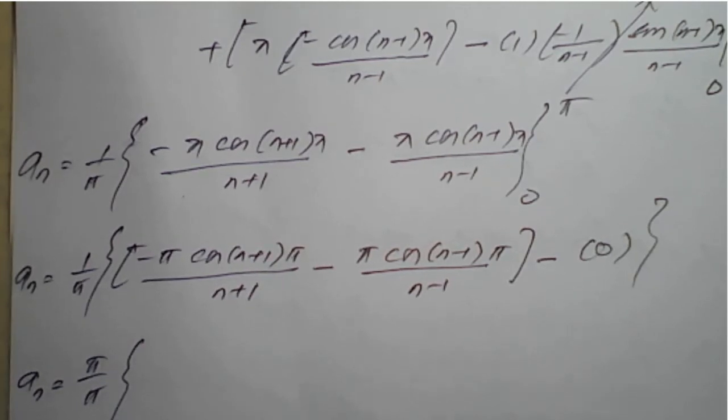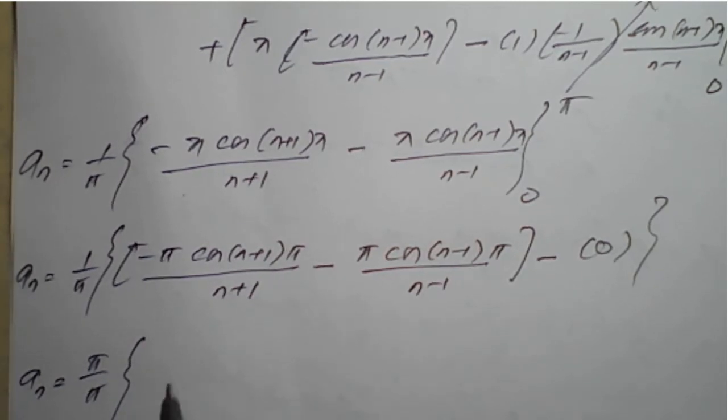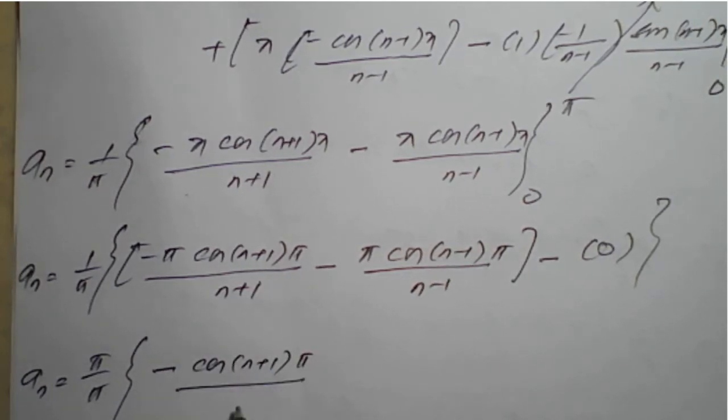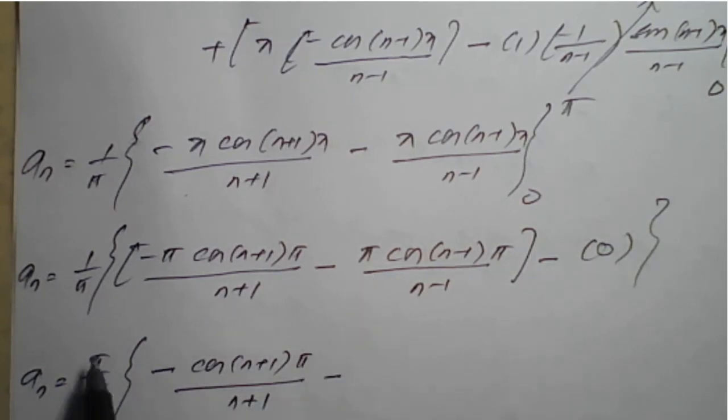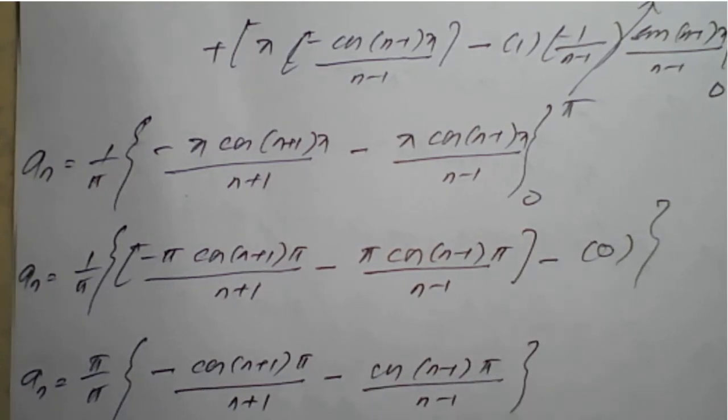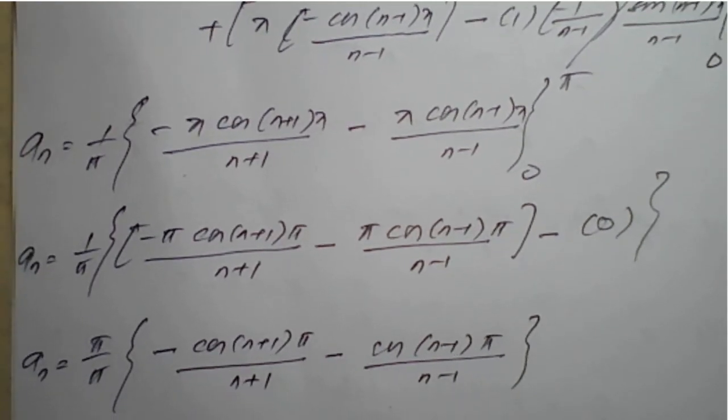Now it will be minus cos of (n plus 1) pi divided by n plus 1, minus pi we have taken outside, cos of (n minus 1) pi divided by n minus 1.